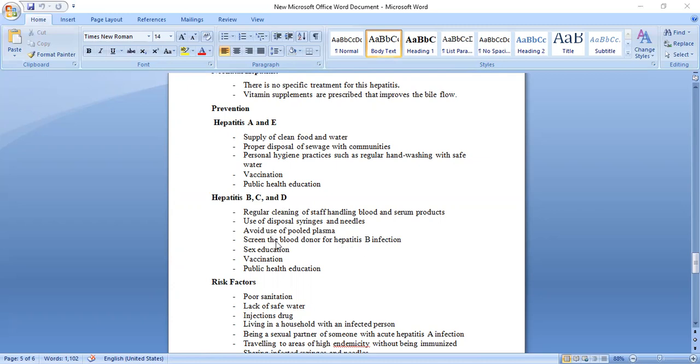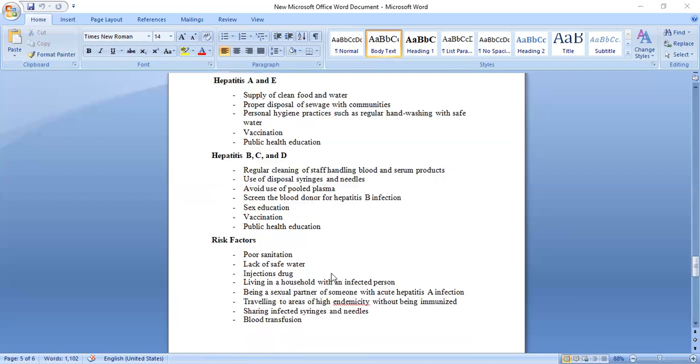So when donors are there, we have to check whether the individual is free from hepatitis or any type of infection. Give sex education, proper vaccination, and public health education.